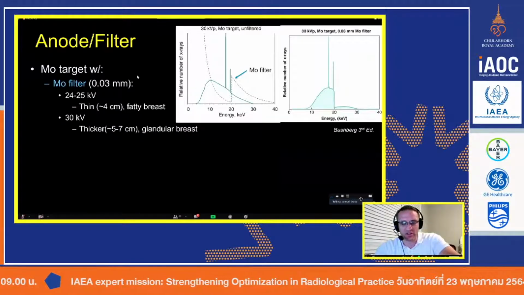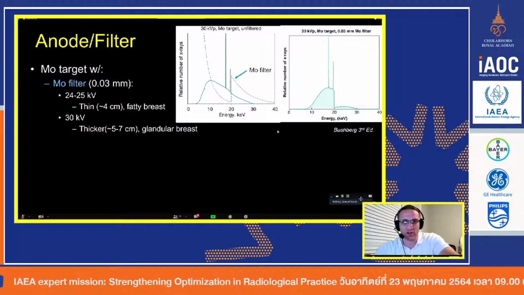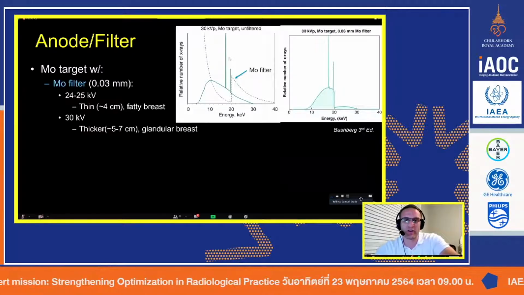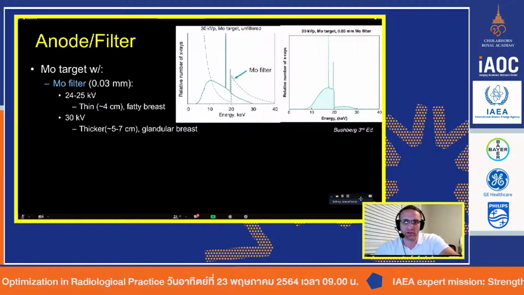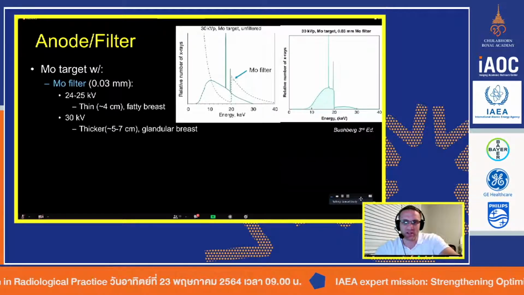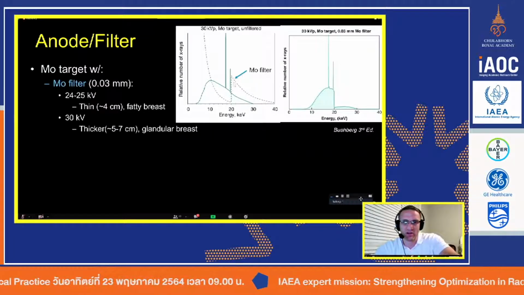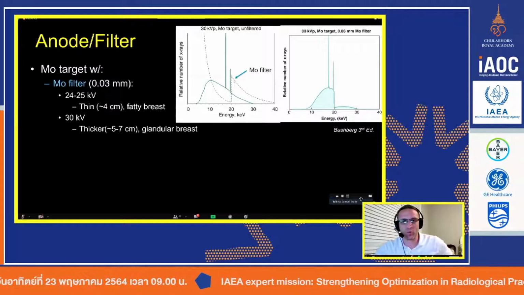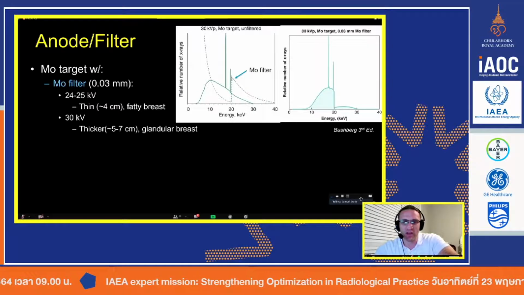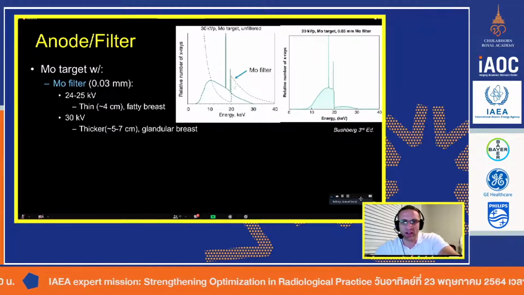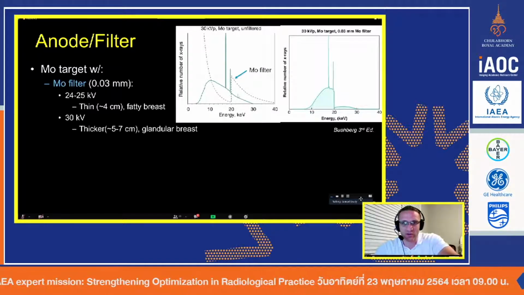Now, we talked just very briefly, I'll review, about the combinations, how they're very important. So when you look at the dashed line here, this is a moly filter, and this moly filter has a K edge right here of 21, like 20.5, I can't remember, it's 21 keV. And everything underneath this dashed line will be absorbed.